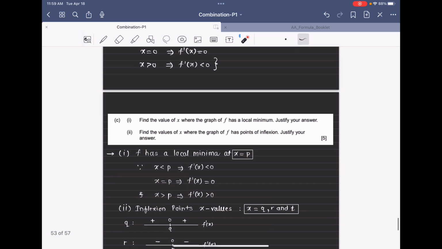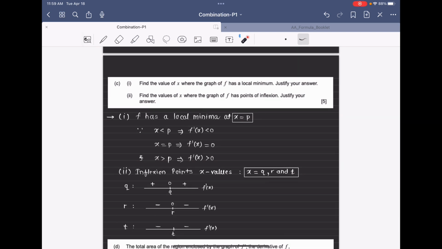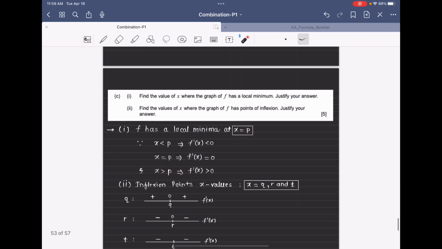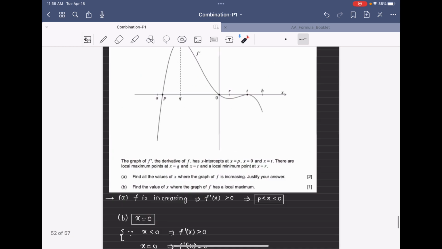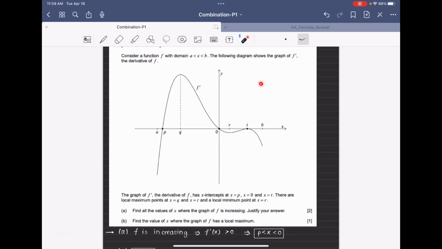Find the value of x where the graph of f has a local minima. Justify your answer, and the answer is p. Again, minima means what? For the graph of f, at minimum point slope is 0, before minimum point slope is negative, and after minimum point slope is positive. Slope means what? Derivative. So before minima slope is negative, at minima slope is 0, and after minima slope is positive.